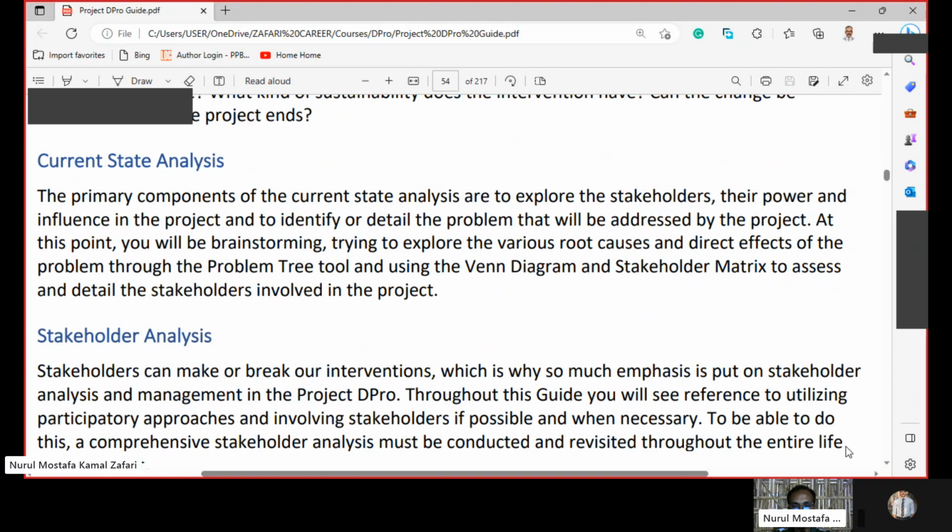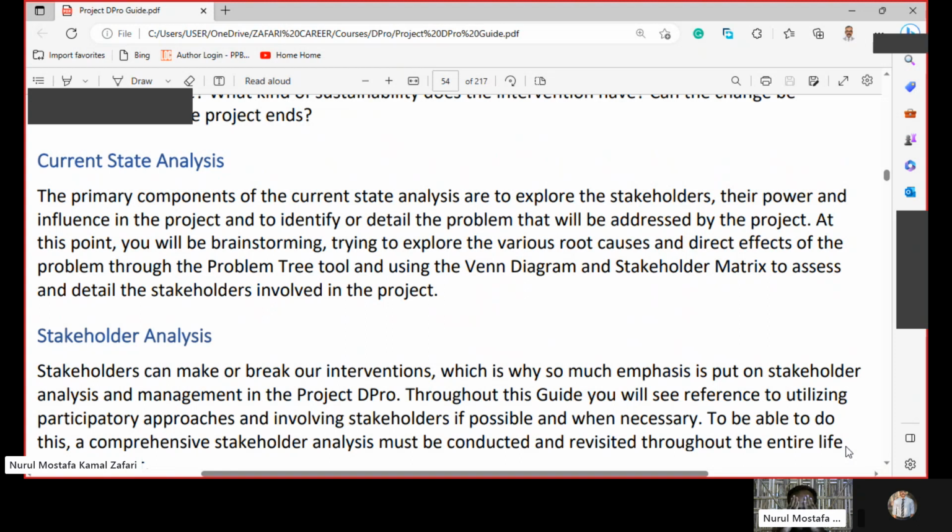And in current state analysis, we have to project on the current situation, what is on the ground. We have to write it down in a comprehensive way, and in many cases you will not find the term current state analysis as it is written there.